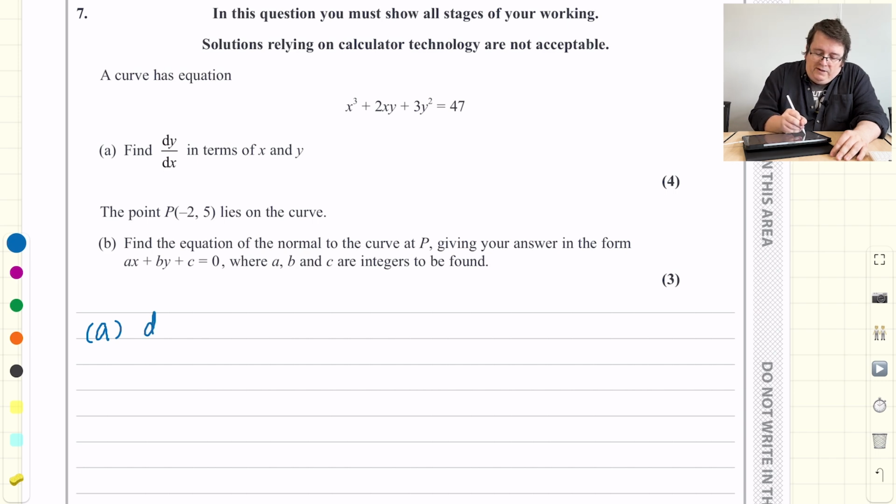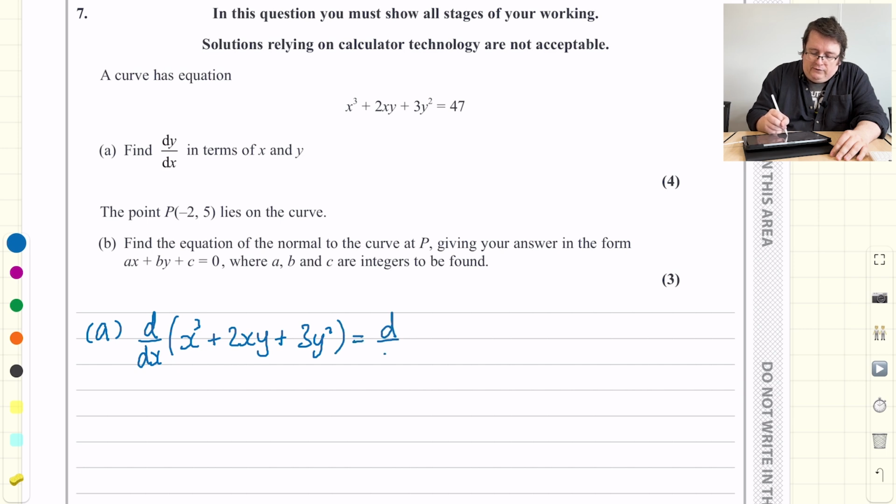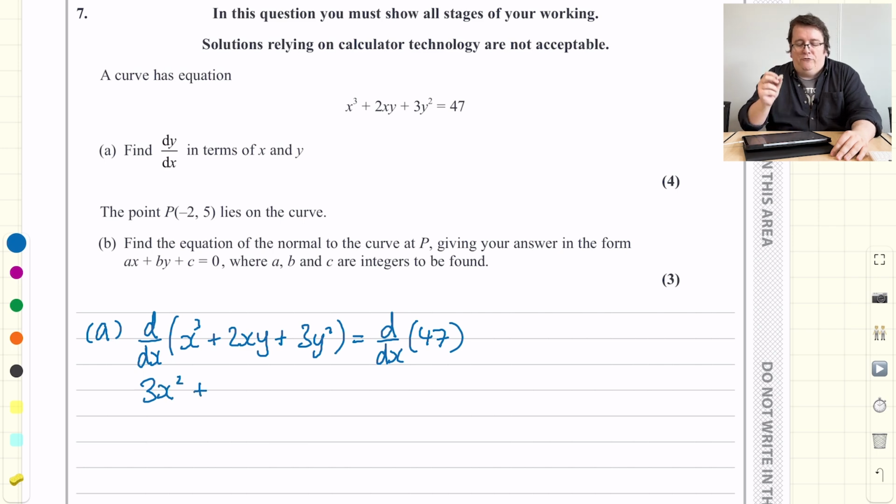So we are going to be differentiating both sides with respect to x. So d by dx of x cubed plus 2xy plus 3y squared is equal to d by dx of the right hand side, 47. Differentiating x cubed with respect to x gets us 3x squared. Now differentiating 2xy, we're going to have to do that using the product rule.